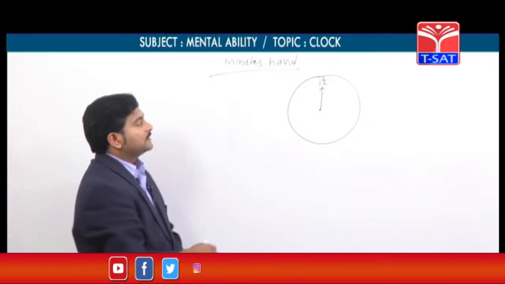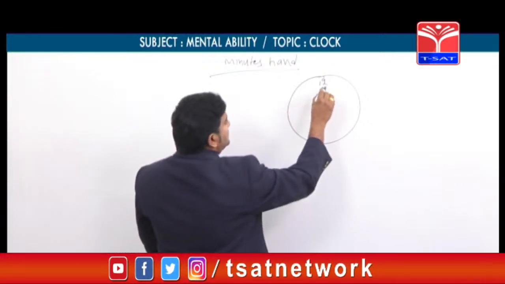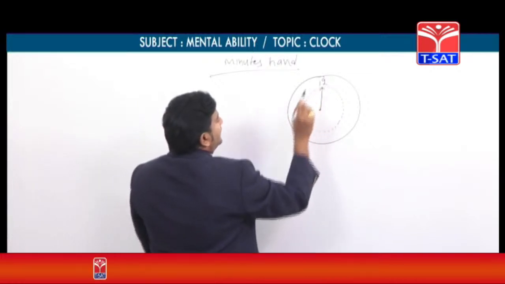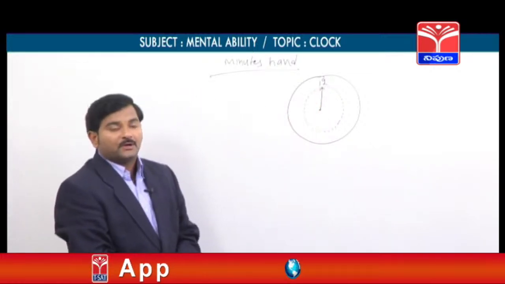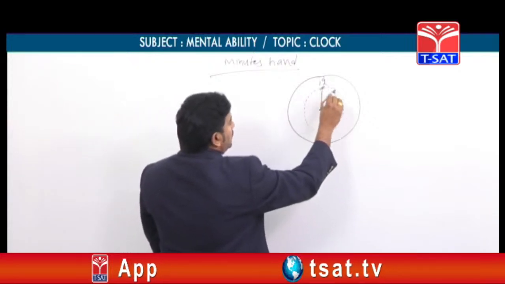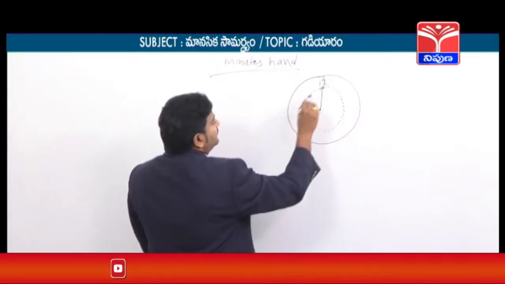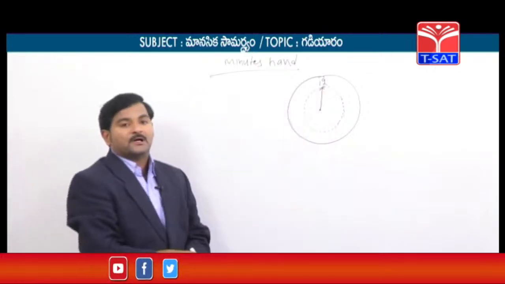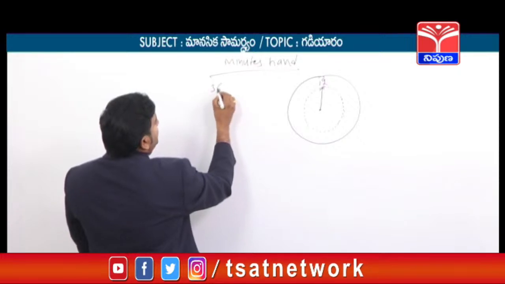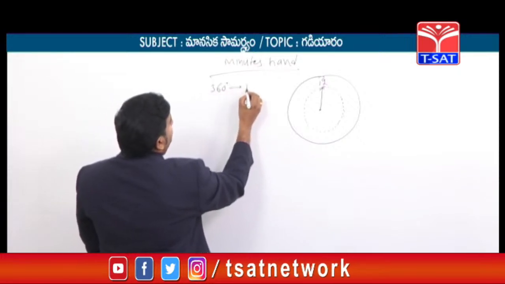This minute's hand rotates and makes a complete revolution. Earlier the minute's hand was at 12 o'clock, and after this complete revolution it comes to 12 o'clock again, which means the minute's hand makes 360 degrees in the span of only 1 hour.